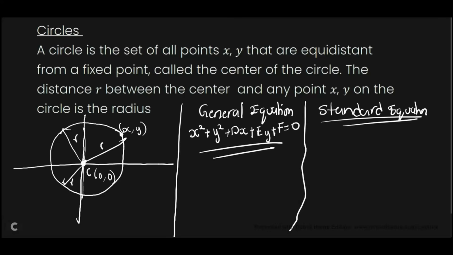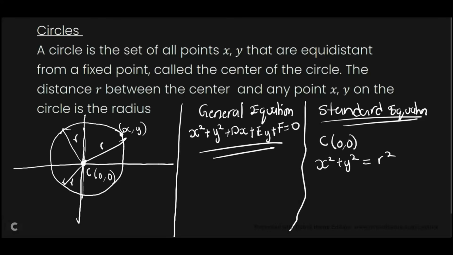If the center is at the origin point, meaning that the center is 0, 0, so the circle is at the origin. So what is the standard equation in this situation? It is x squared plus y squared equal to r squared. So this is your standard equation when the center is 0, 0 for the circle.